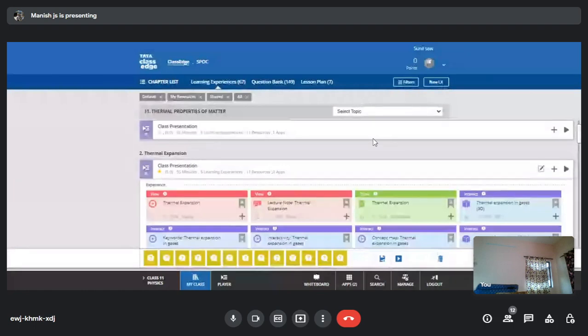If it is still breaking, I'll switch over to a different network. I'm very close to the Wi-Fi, so maybe there is a Wi-Fi issue. Let me just check. Okay, Wi-Fi speed also seems to be fine. So we'll just start off.